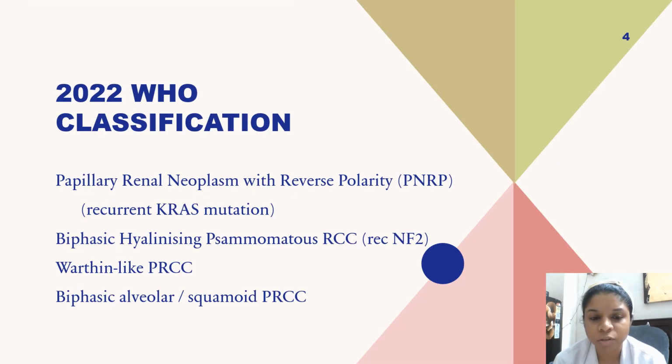But later on, it was found that with every WHO classification of every system, it is now becoming molecular after the genetics and mutations were discovered. Previously, it was mainly based on histomorphology, like we know adenocarcinoma, squamous cell carcinoma, and then neuroendocrine and all, because of the appearance of the cells.